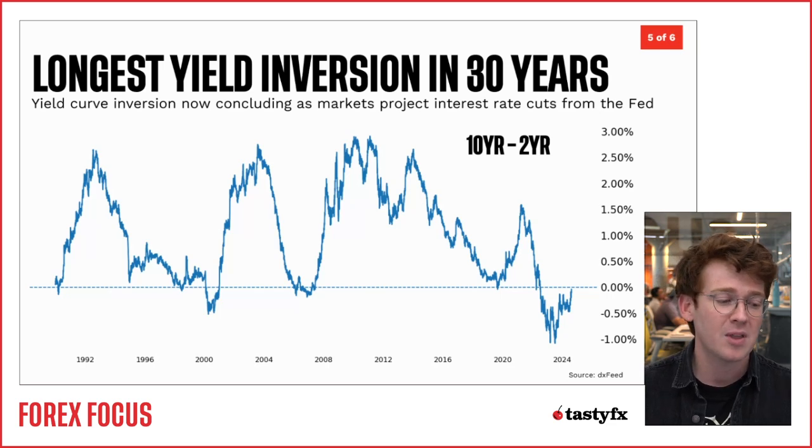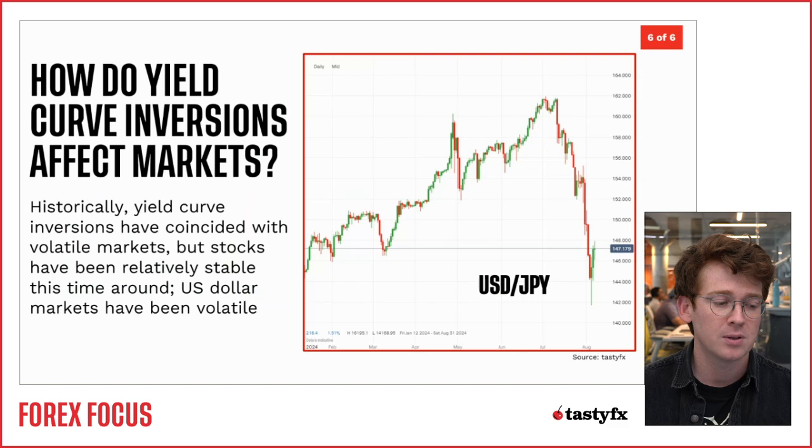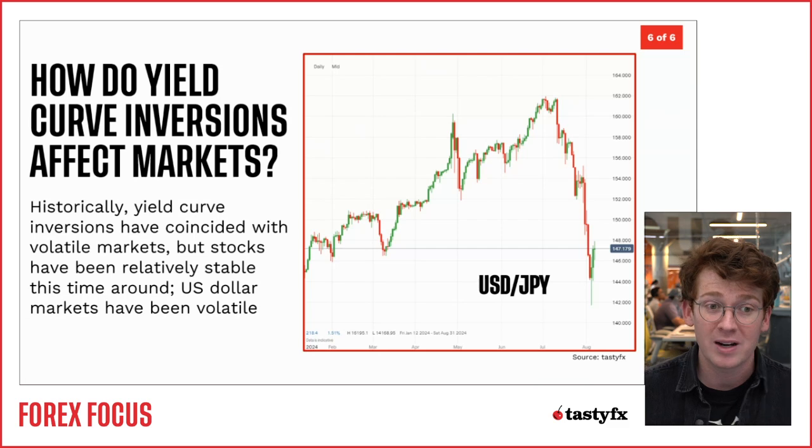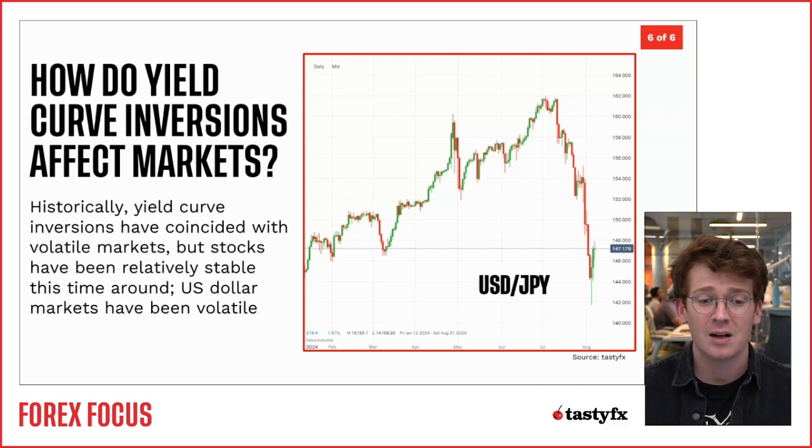But enough of that. Let's take a look at how this yield curve inversion might affect some other markets outside of stocks, because the U.S. dollar market has been very volatile, not only as we went into inversion, but also coming out of it here. We've seen a lot of volatility, especially against the yen and the Swiss franc.